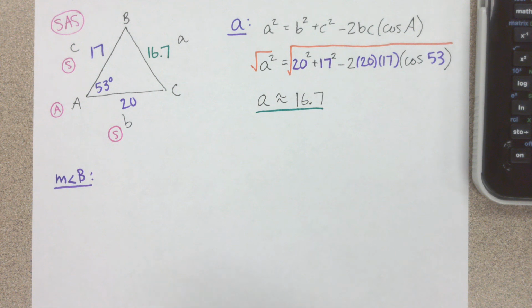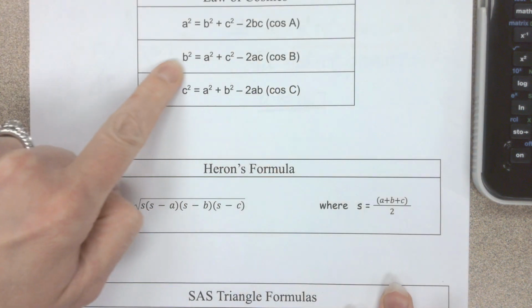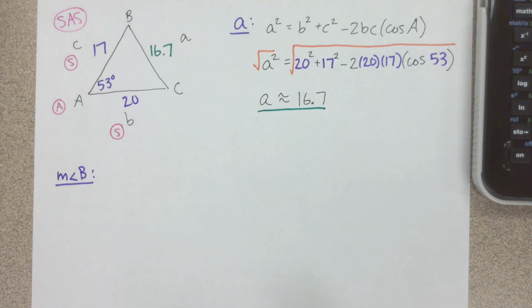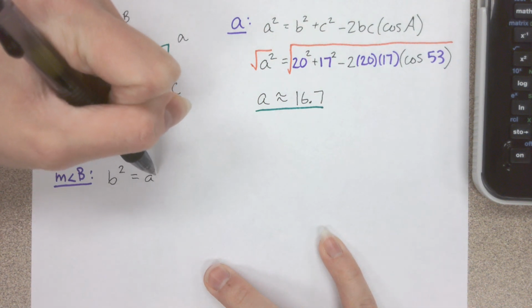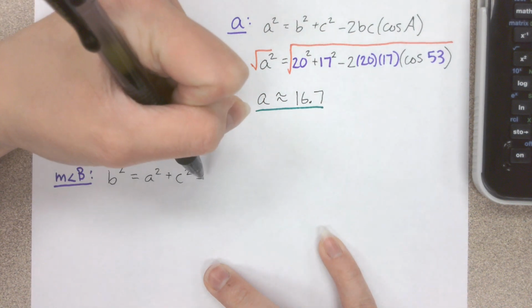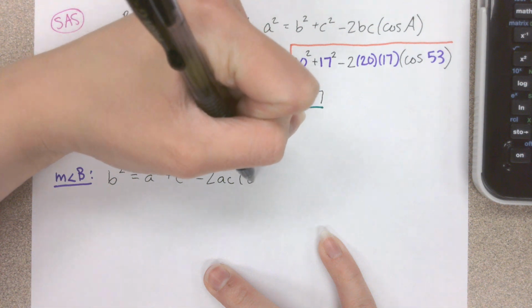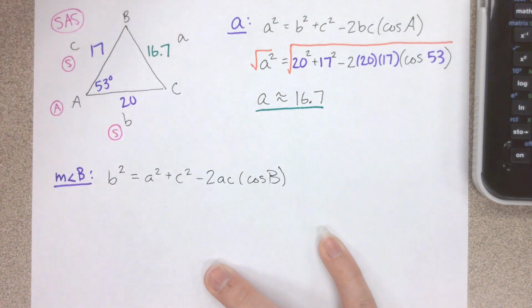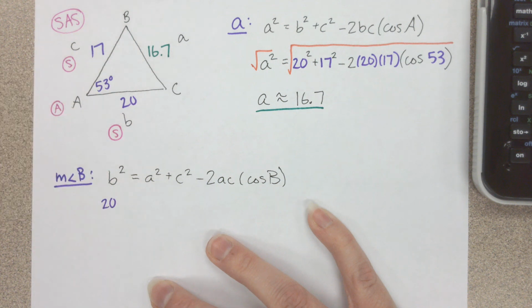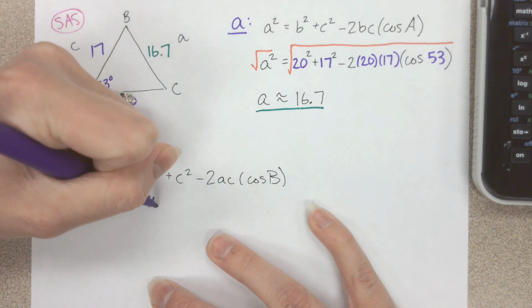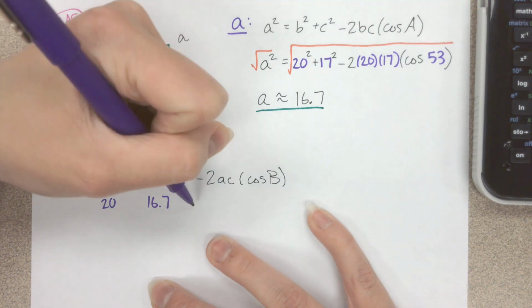Now, since I want to find B, I will be using the second version of the formula. B squared equals A squared plus C squared minus 2AC cosine of B. Filling in, B is 20. A, we now know, is 16.7. C is 17.